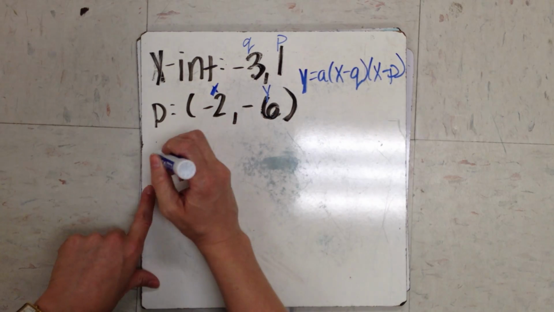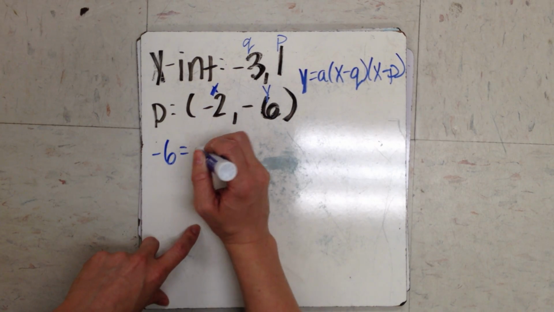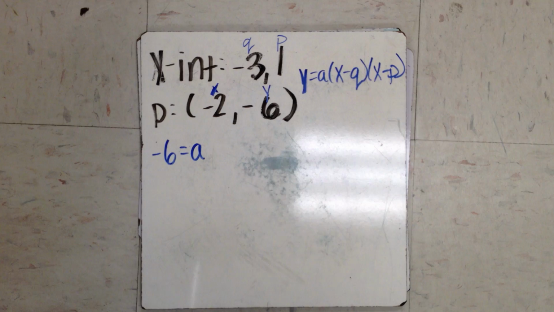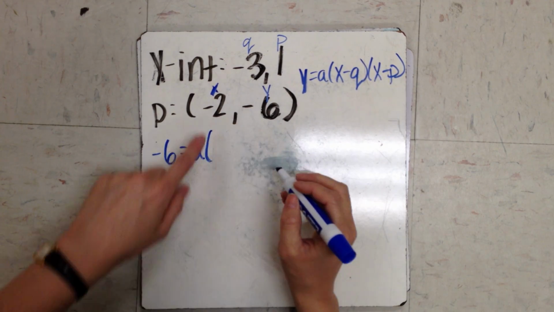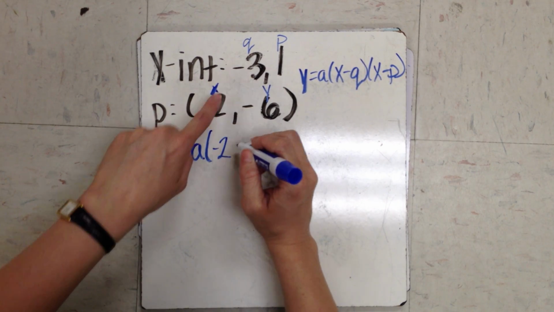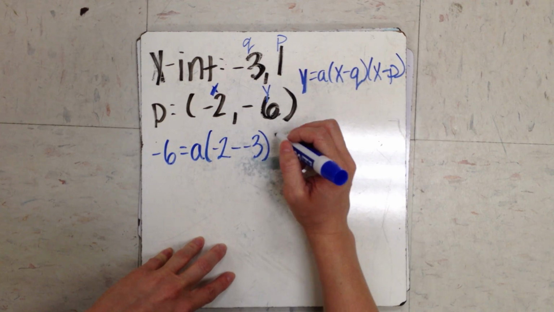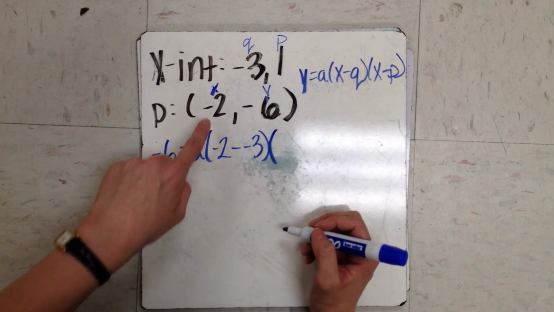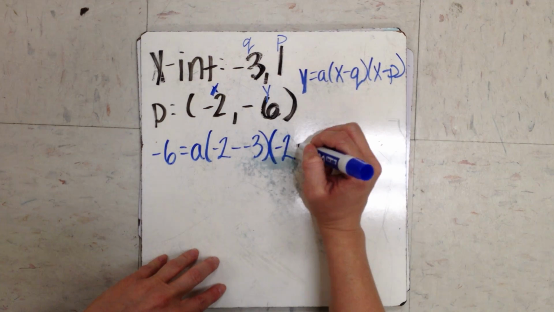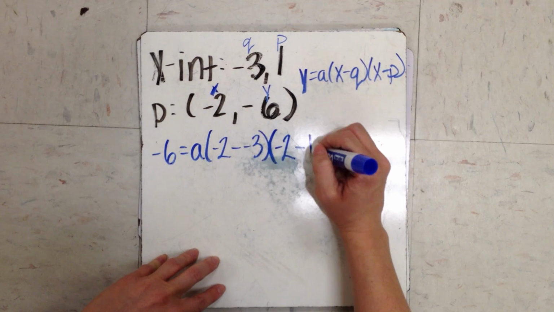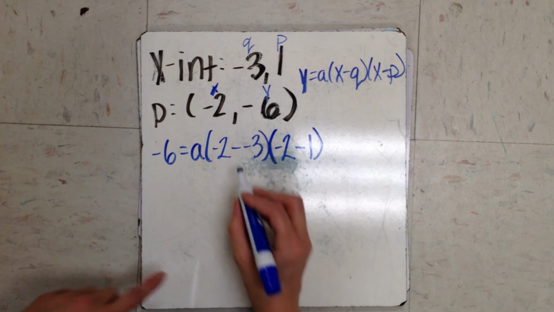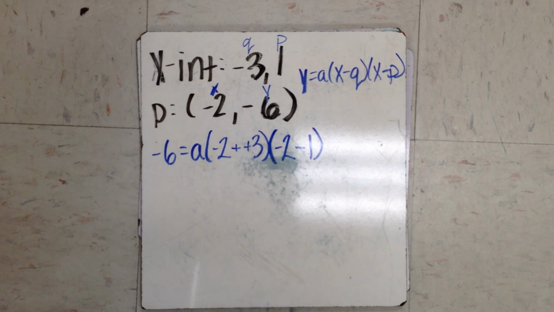So y, we have as -6 equals a. Once again, that's the variable we're trying to find. Open parentheses, x, -2, minus q, which is -3, close parentheses. Then open parentheses, x, once again, is -2, minus p, which is 1. Once again, we have a double sign here, so I'm just going to write that as -2 plus 3.